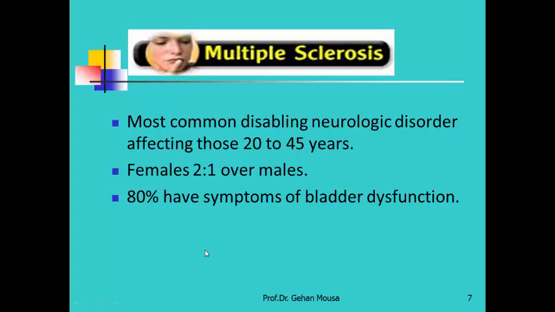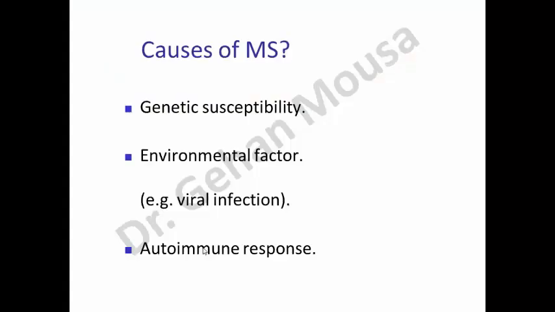Females are affected more than males, with a ratio of 2 to 1. Most of these patients suffer from bladder disturbance, about 80% of patients. These criteria help us in ensuring the diagnosis.